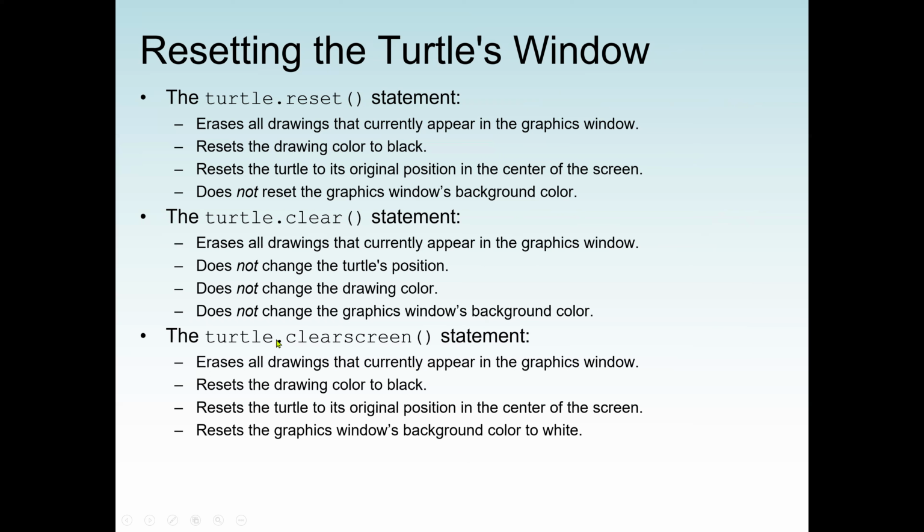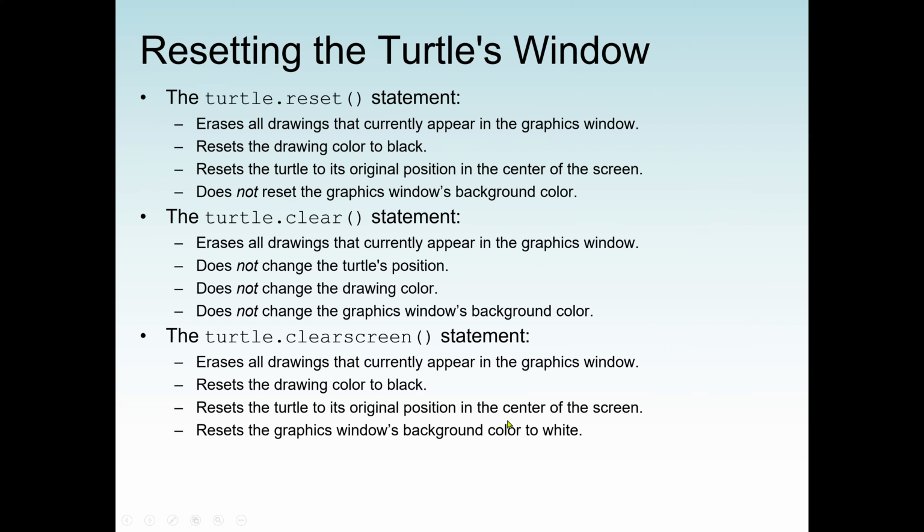We also have turtle.clearscreen. So this normally will erase all the drawings that currently appear in the graphics window. Also, it's going to reset the drawing color to black. And this time it's going to reset the turtle to its original position in the center of the screen, same as reset. But the difference is that with clearscreen, it's going to reset the graphics window background color to white.